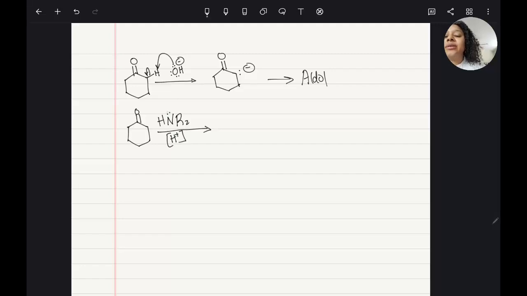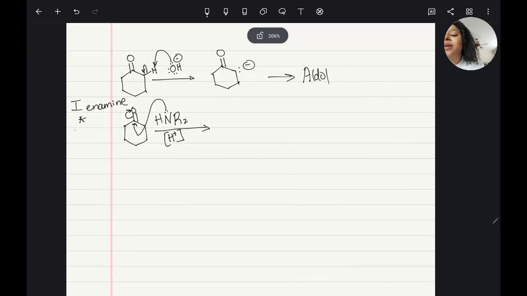So let's go ahead and draw this mechanism. First, what I'm doing is making an enamine, and our enamine will help us to make a weaker carbonyl. I'm putting carbonyl in brackets because it's not a carbonyl, but it's essentially masking a carbonyl.